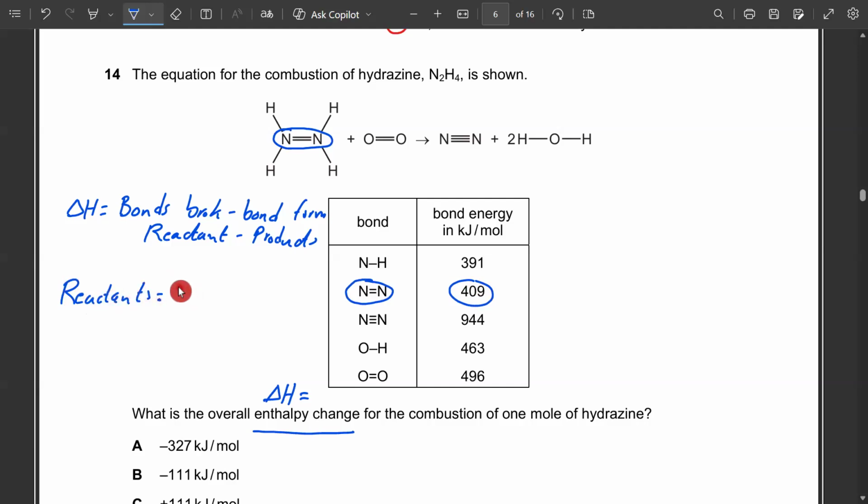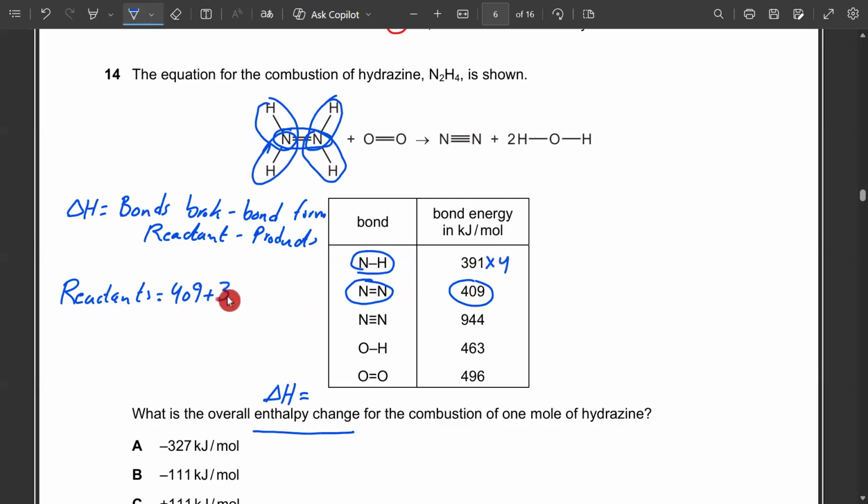This is equivalent to 409 over here, plus the value of nitrogen to hydrogen, which are in total 4 bonds. There are 4 bonds of nitrogen to hydrogen, single covalent bond. And in this table, we have 391. So you have to multiply 391 with 4.